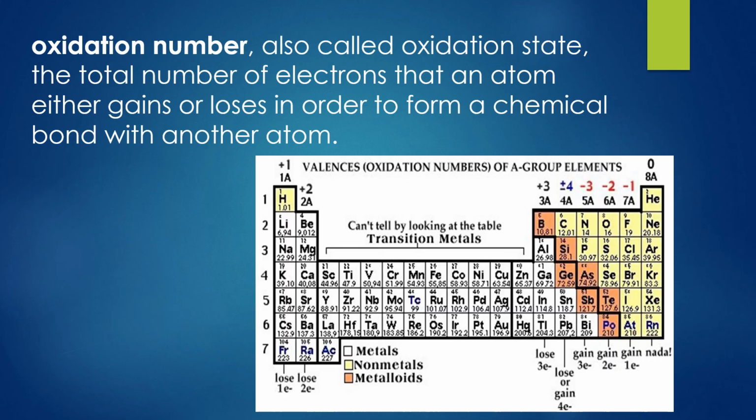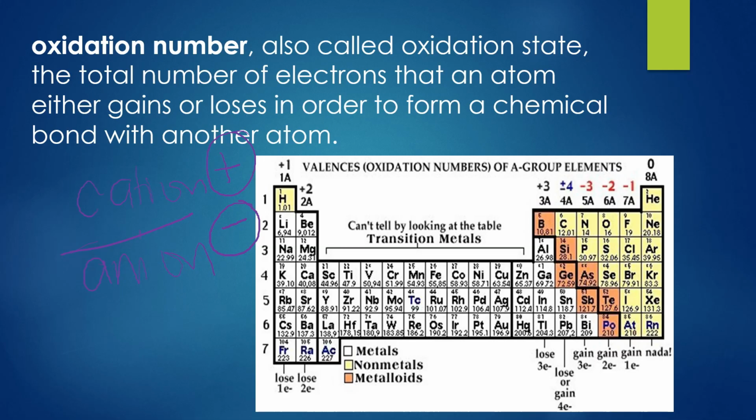So, nagkakaroon tayo ng element na nagiging cation at element na nagiging anion. Cation, refresh natin, ito yung naglo-lose ng electrons that makes them positively charged. At si anion, ito yung nagga-gain ng electrons kaya nagiging negatively charged. So, ang gagamitin natin ngayon is yung oxidation number po.